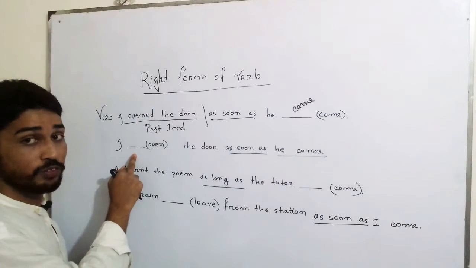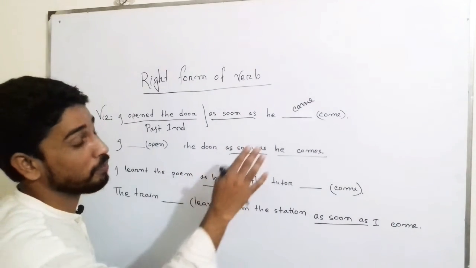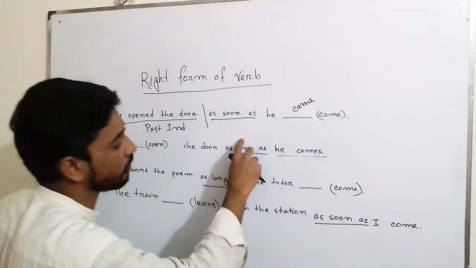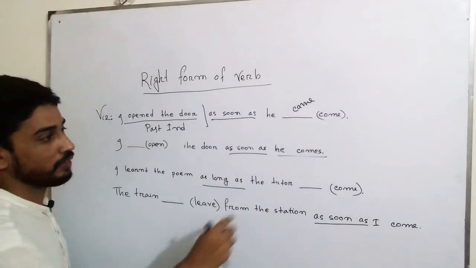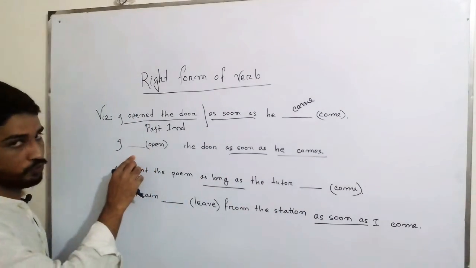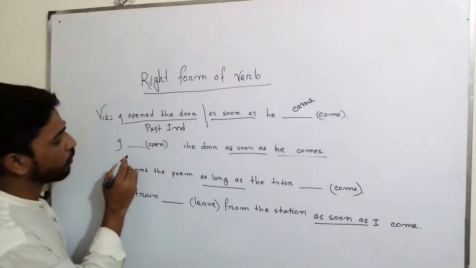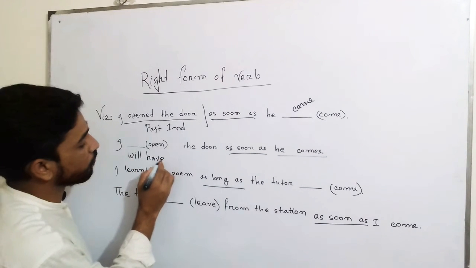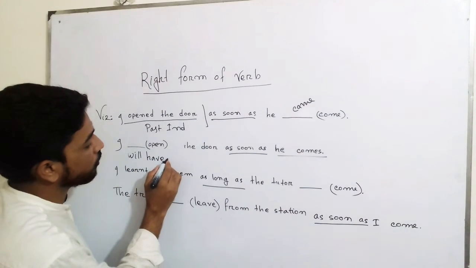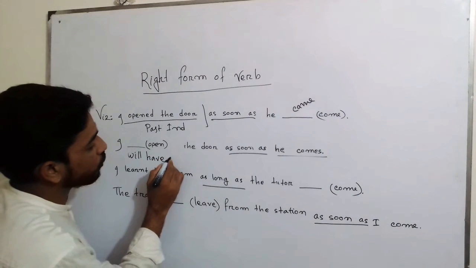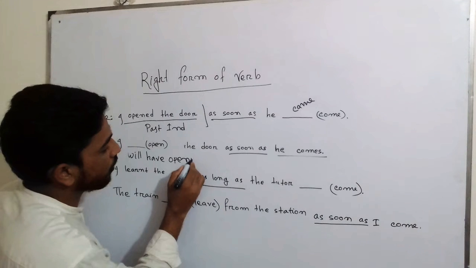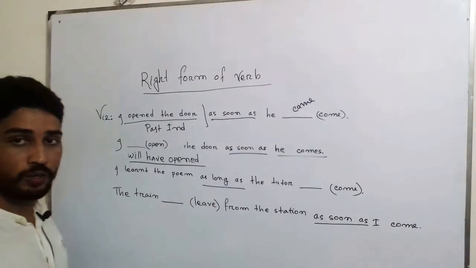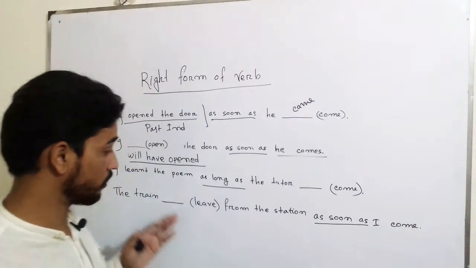We will not make it past indefinite or present indefinite, because as soon as is here and there also. But for present indefinite, we have to make it future perfect. For future perfect, after the subject we take will have, and the verb will be past participle. The past participle form of open is opened. So the right answer will be will have opened. Hope you can understand.